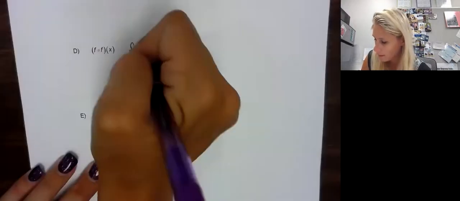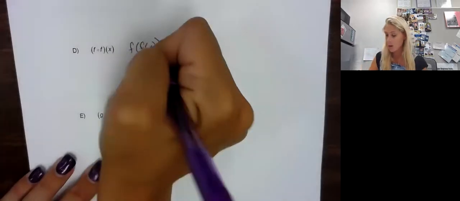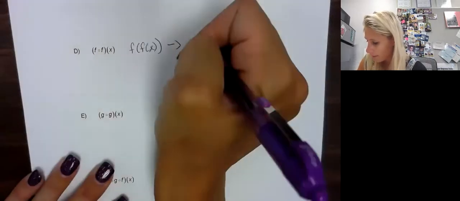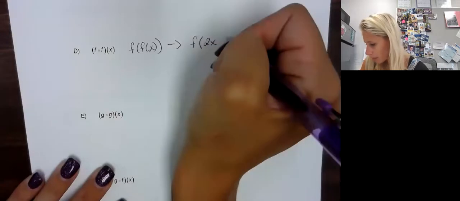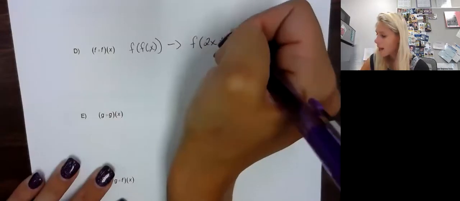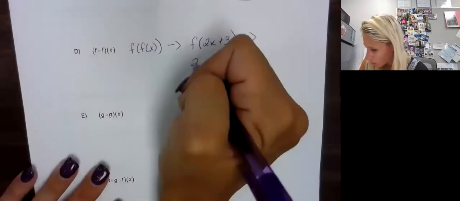f of f of x. Inside, out. So f of, now replace that f of x with 2x plus 3. And then I'm going to replace the x with 2x plus 3. So we get 2.